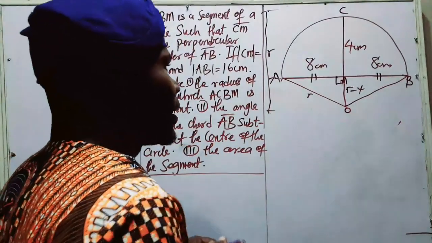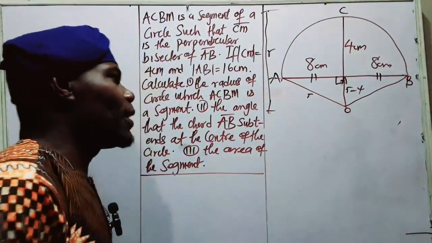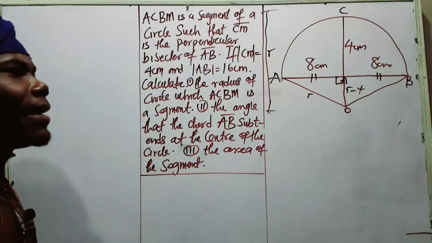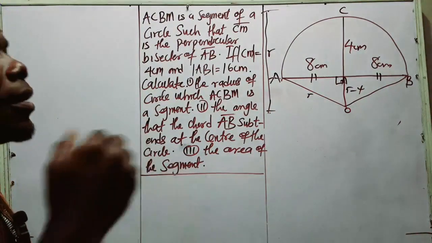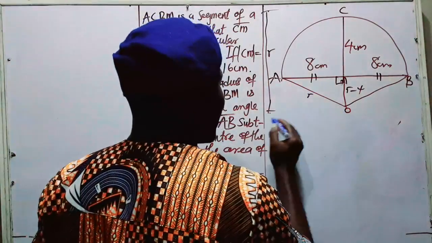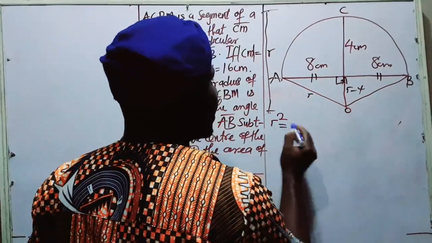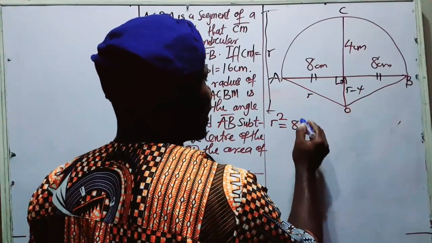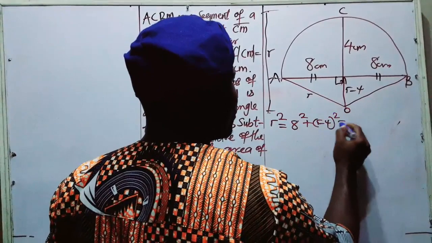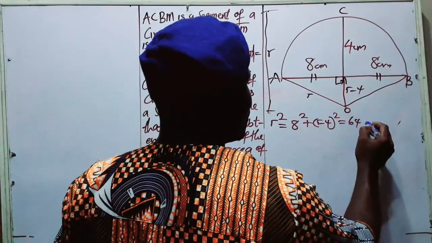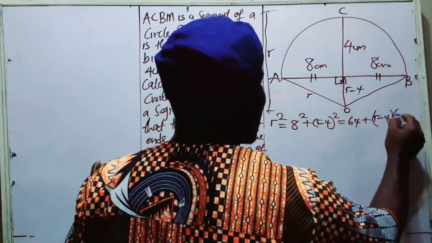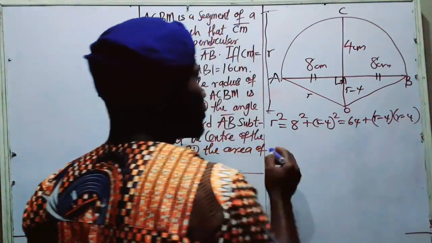So now, since we are able to see a right angle triangle, we are going to apply the rules of Pythagoras, which lets us know that hypotenuse squared is equal to adjacent squared plus opposite squared, which is 64 plus (R minus 4) times (R minus 4).